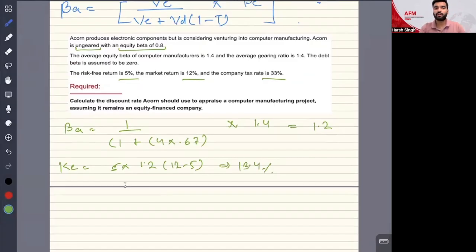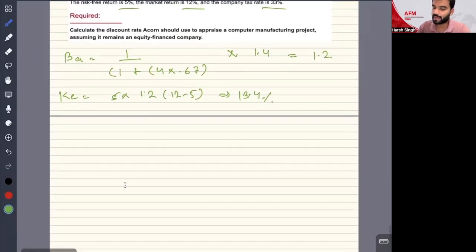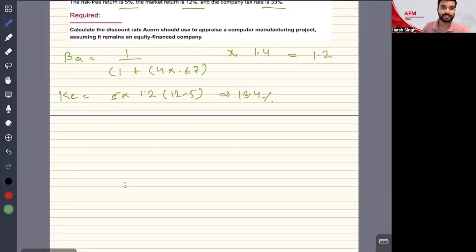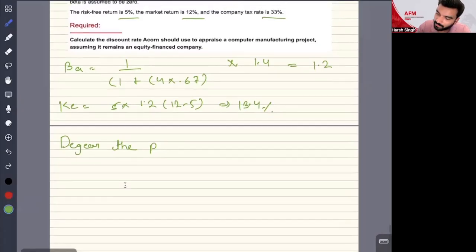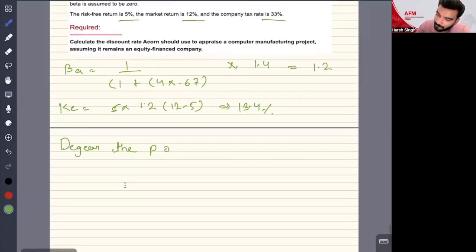So now what actually happened? If I had to pull down all the steps that we have taken, first of all, we ungeared or de-geared the proxy beta.